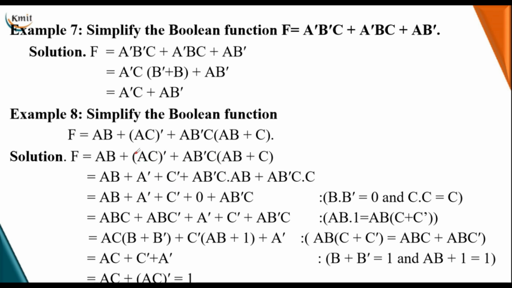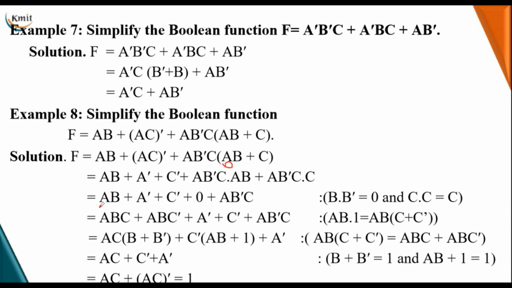Now using De Morgan's theorem, (AC) whole bar is equal to A bar or of C bar, or AB bar C. Here the common variables are B bar ANDed with B, as well as A ANDed with A, so this can be dropped with a 0. Next, AB bar C and of C becomes AB bar C.